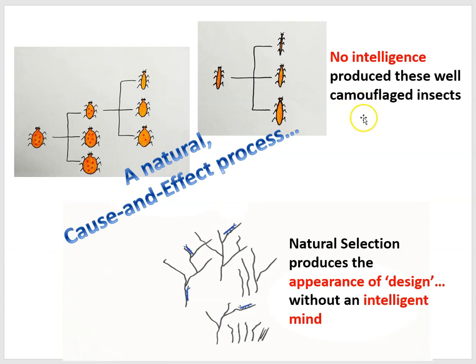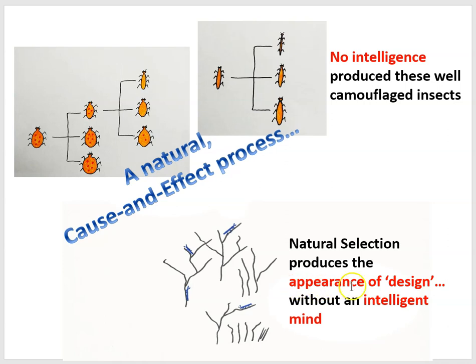And finally, we should note, as Darwin argued, that there is no intelligence, in a sense, producing these well-camouflaged insects. It is simply a cause and effect process, predators interacting with their prey. So natural selection produces the appearance of design without an intelligent mind.